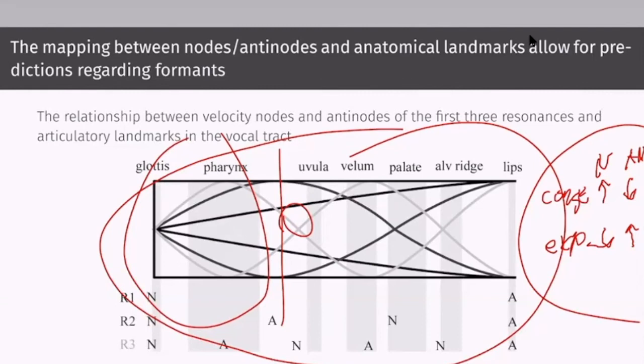I am a harmonic near R1. Then the nasty speaker makes a constriction near an antinode for R1. What likely happens to me?